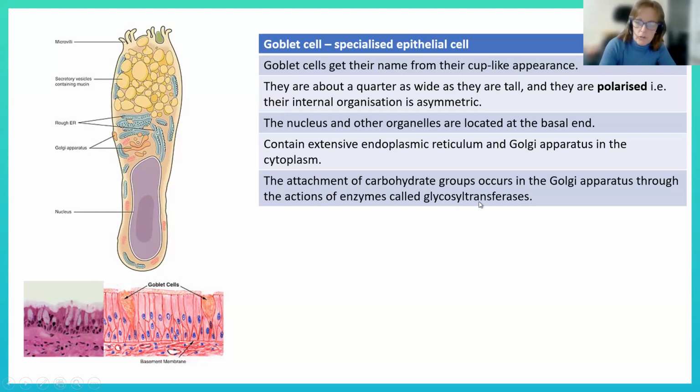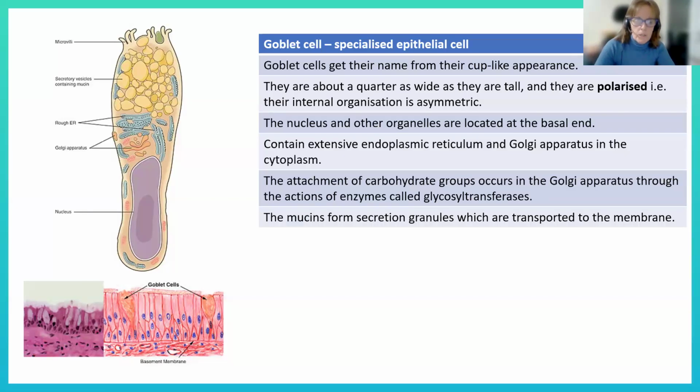And because it's a transferase, that tells me it's an enzyme that transfers something. And because it says glycosyl transferase, that just tells me that it's an enzyme that transfers a glycosyl group or something onto a protein.